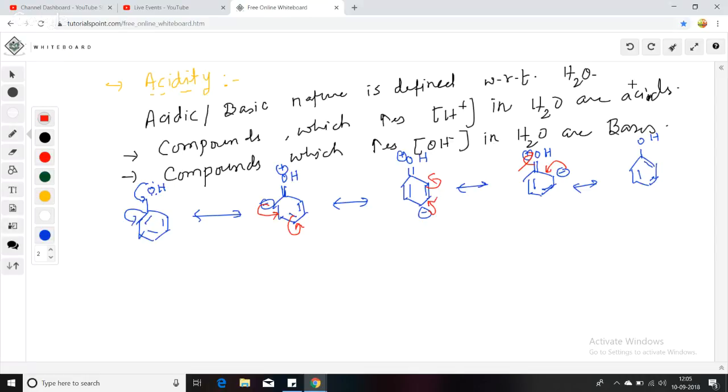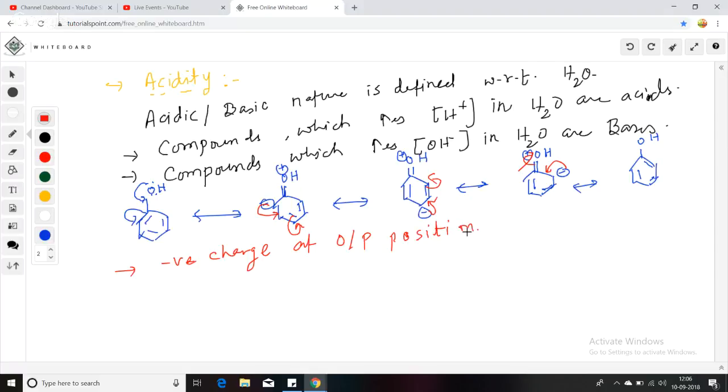If you draw the resonating structures in any benzene ring, ortho and para positions are the most effective positions we have. So what we are getting is negative charge at ortho and para positions.